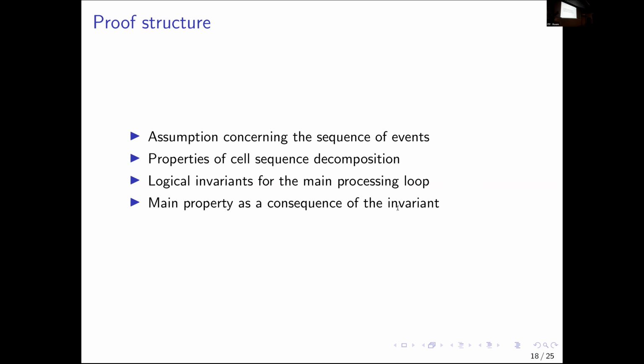So basically, the proof goes by maintaining a big invariant about the processing loop that creates this data structure. And what happened is that I designed the algorithm thinking, oh, it's going to work. And then when doing the proof, it was like working on an invariant that was simple in the beginning.